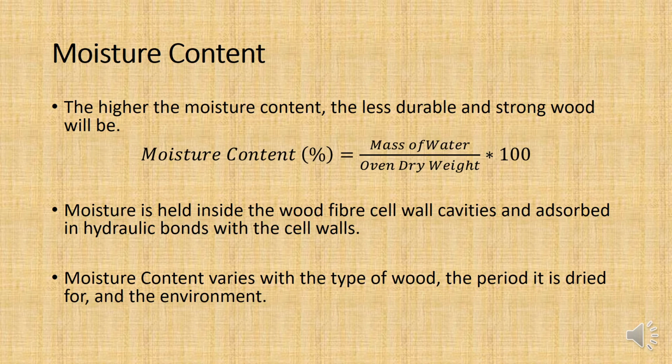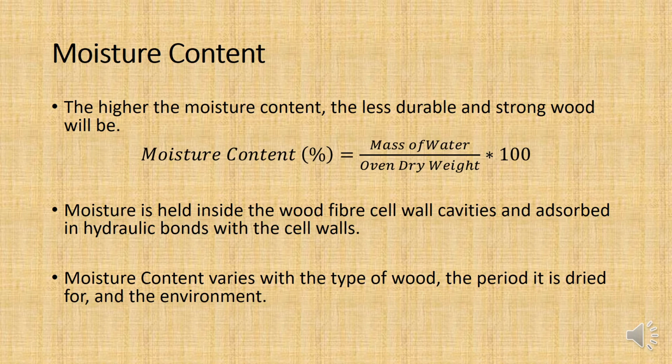Now, very simple calculation. You do this for masonry, you do this for aggregates, you can do this with a number of different woods. But where is the moisture being held? Well, it's actually being held inside the cell walls.